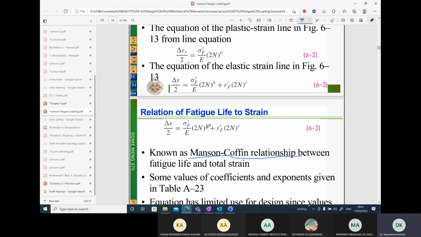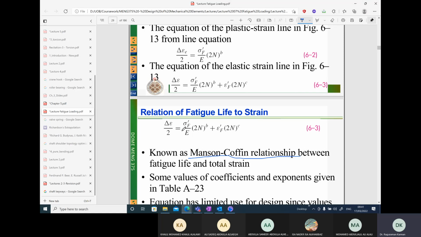What would be the life of the specimen? For example, if I know the strain applied on the specimen or component at a local point, maybe the highest strain, then knowing all these constants, fatigue strength coefficient, fatigue strength exponent, fatigue ductility coefficient, fatigue ductility exponent, I will be able to calculate the number of cycles to failure.